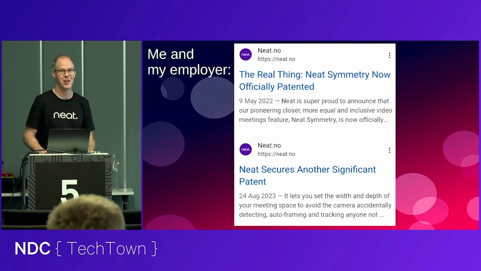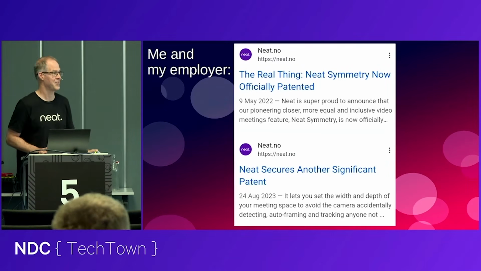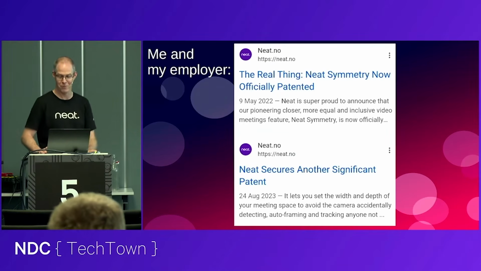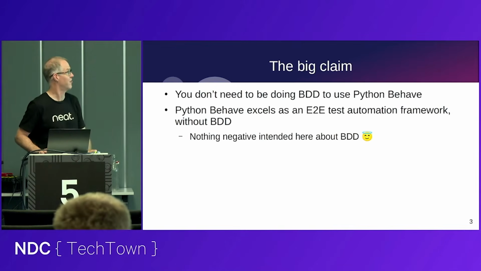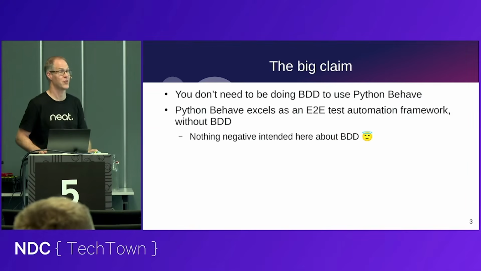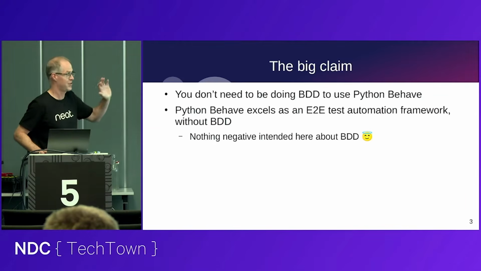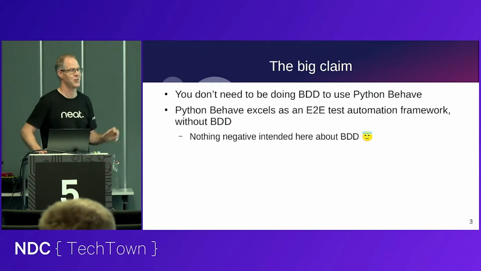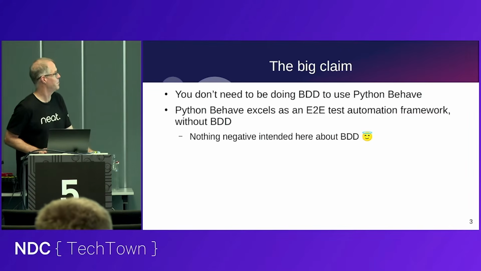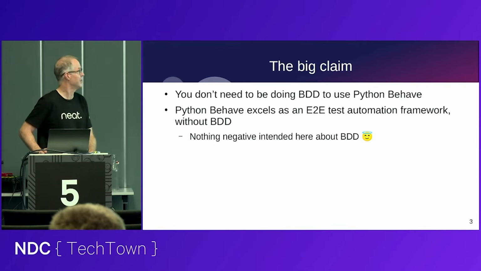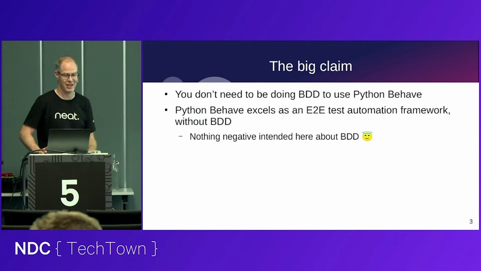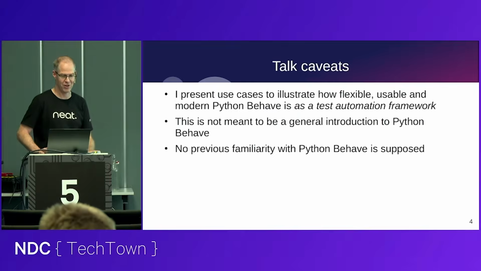I'm not going to be talking about that. Even though Behave is a BDD framework, it stands on its own as a really, really good automation framework. And that's what I'm going to try to convince you of today. So nothing negative about this BDD process. I just want to emphasize how much Behave actually is really good as a test automation framework.